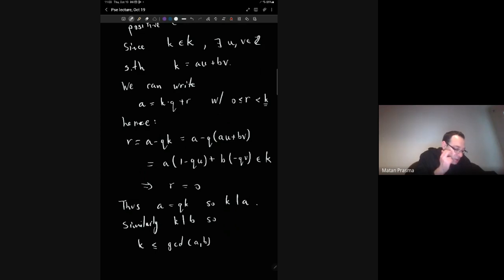I mean, k is a common divisor of A and B, so it has to be smaller or equal than the greatest common divisor.